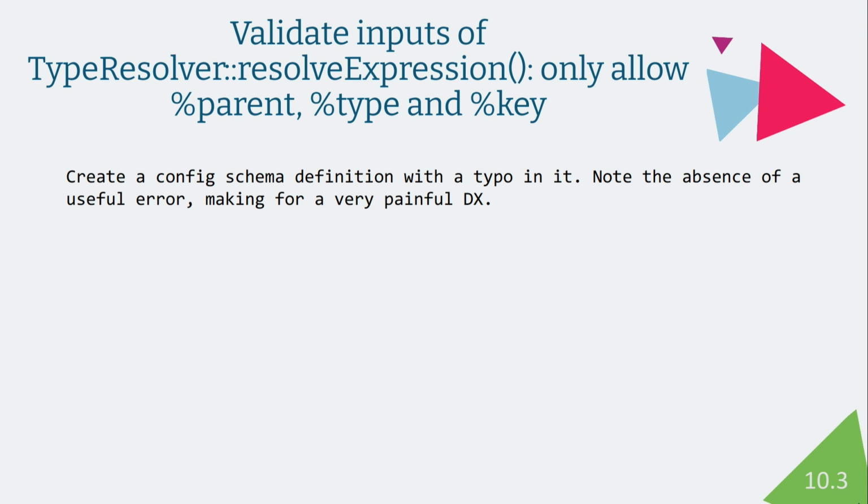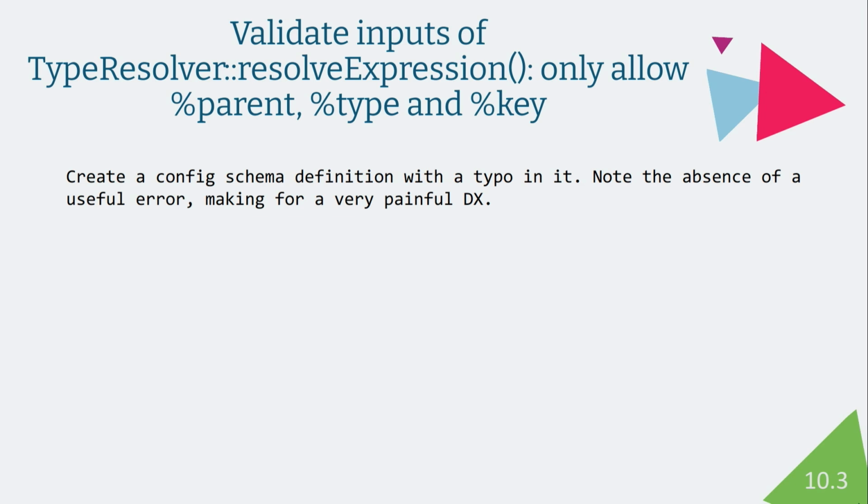So the type resolver is a thing that checks how your config schema looks. A config schema can have something like %parent or %key to relate to another part of the config schema. This could be whatever. It could be %parents or something, and the type resolver would try to resolve it and it would fail and it would have no idea what to do.